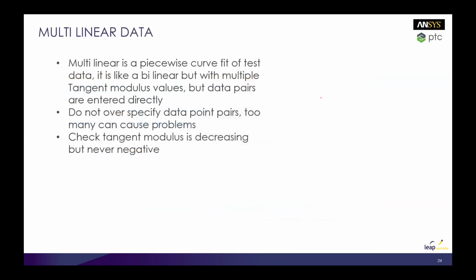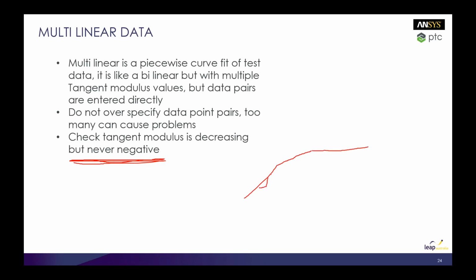Okay, so the multilinear data is basically a piecewise curve fit of test data. It's essentially like a bilinear, but with multiple tangent modulus values, and the data pairs define the tangent modulus. Because we're talking about strain hardening, the slopes should decrease.